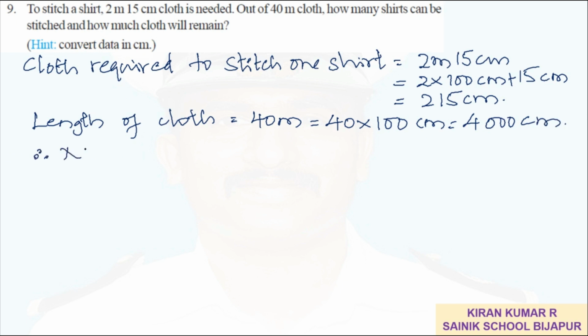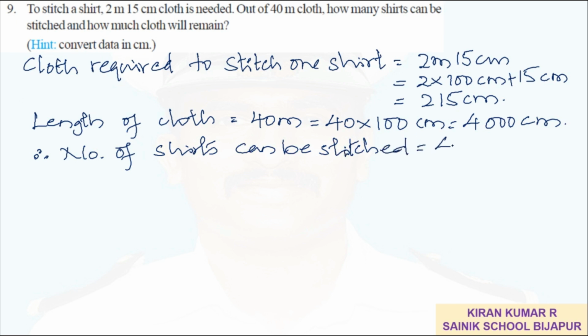Therefore, number of shirts that can be stitched will be equal to 4000 divided by 215. Now this is a question related to division.